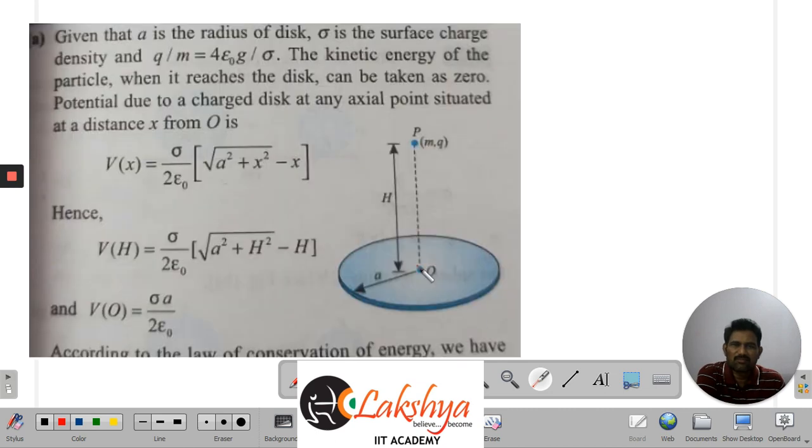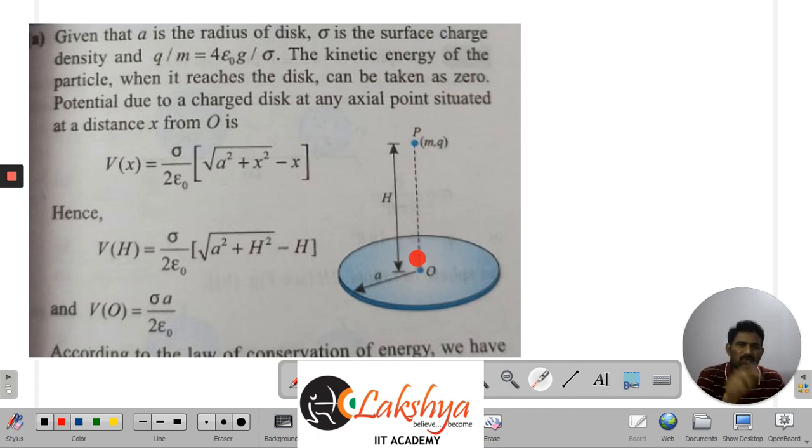So this is the actual condition here. This is the disk. Along this axis of the disk we are releasing a particle from a height h, from rest. The particle just reaches this point, meaning the particle will come to rest at this point.